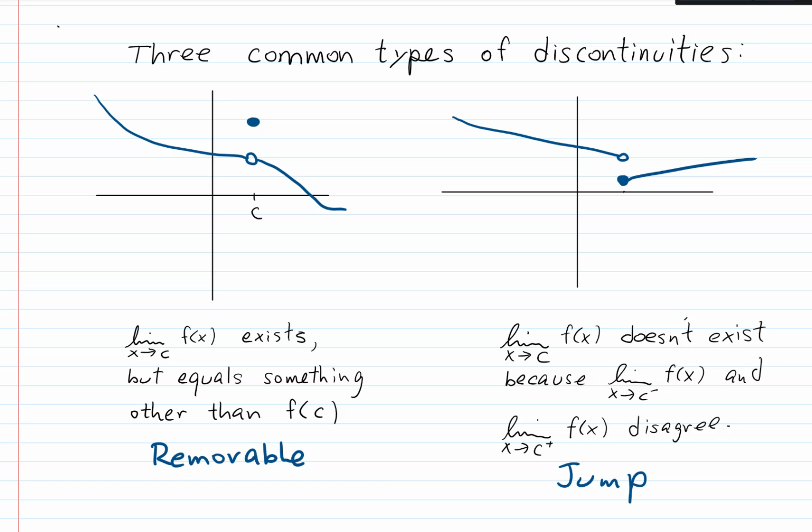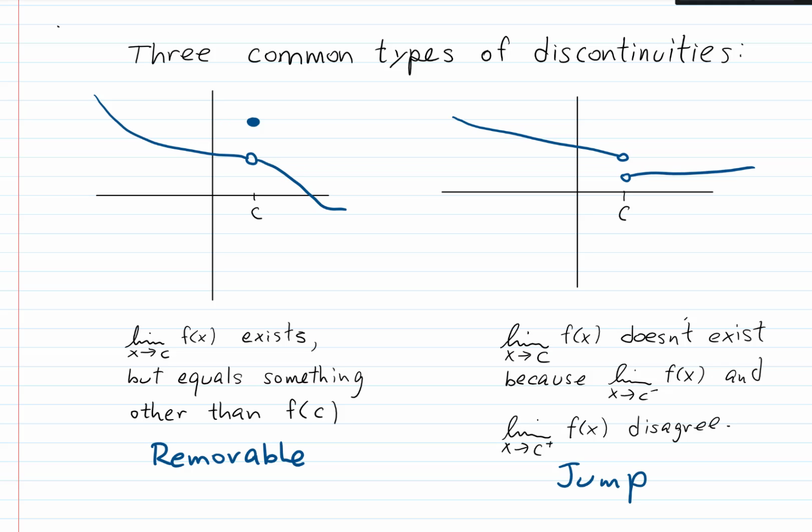Now, I just want to point out something again to you. If I removed that solid point and I did this, then that would no longer be a discontinuity. Why? Because C would no longer be in the domain of the function.